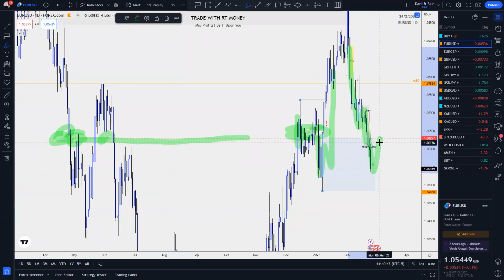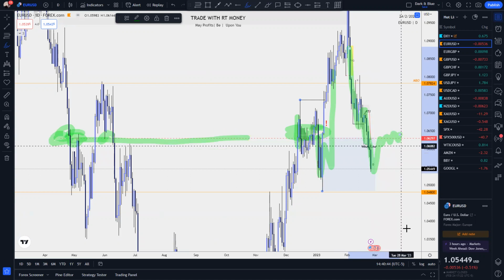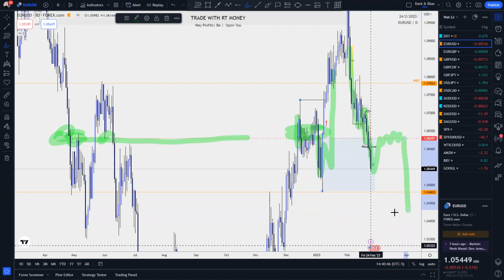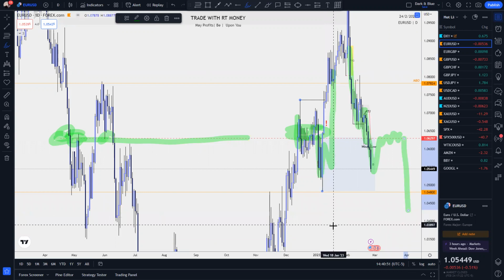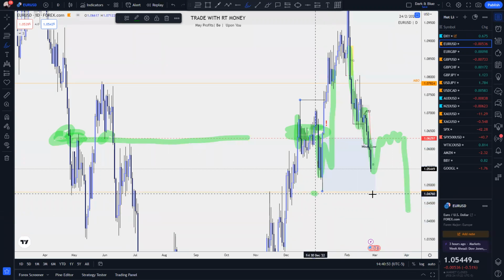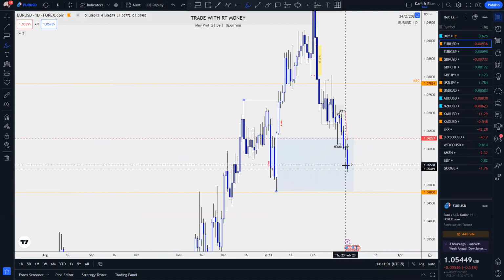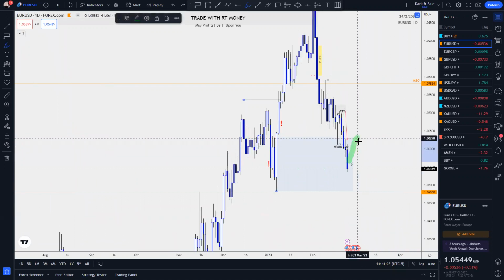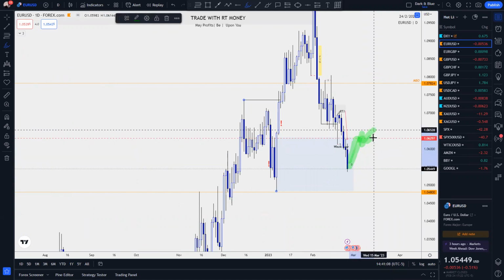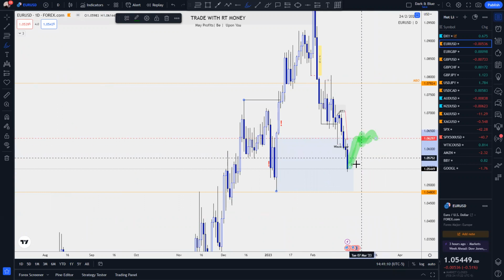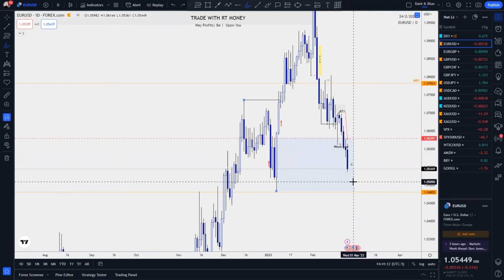If price comes back up here, I believe this level holds, and we will see 1.0480. That's where I think we're headed, and quite possibly beyond that. But if you want to get involved in a confirmed short right around here, wait till price gives you a confirmed short before you jump in.